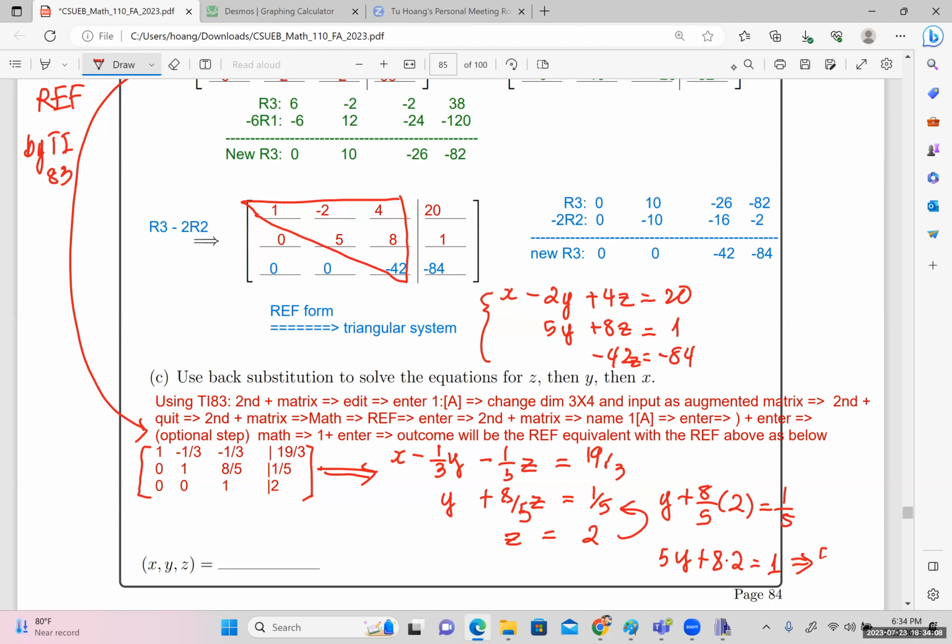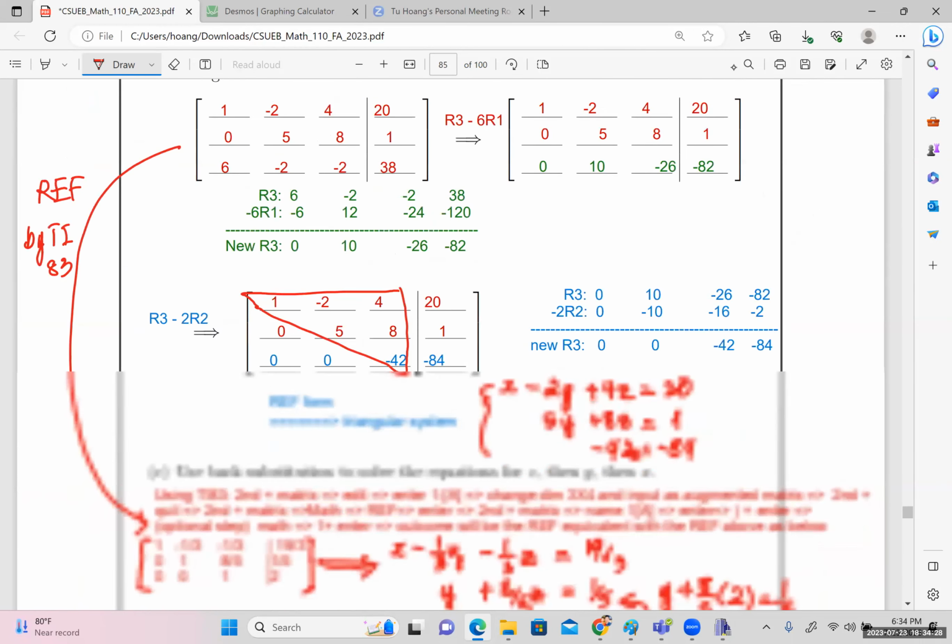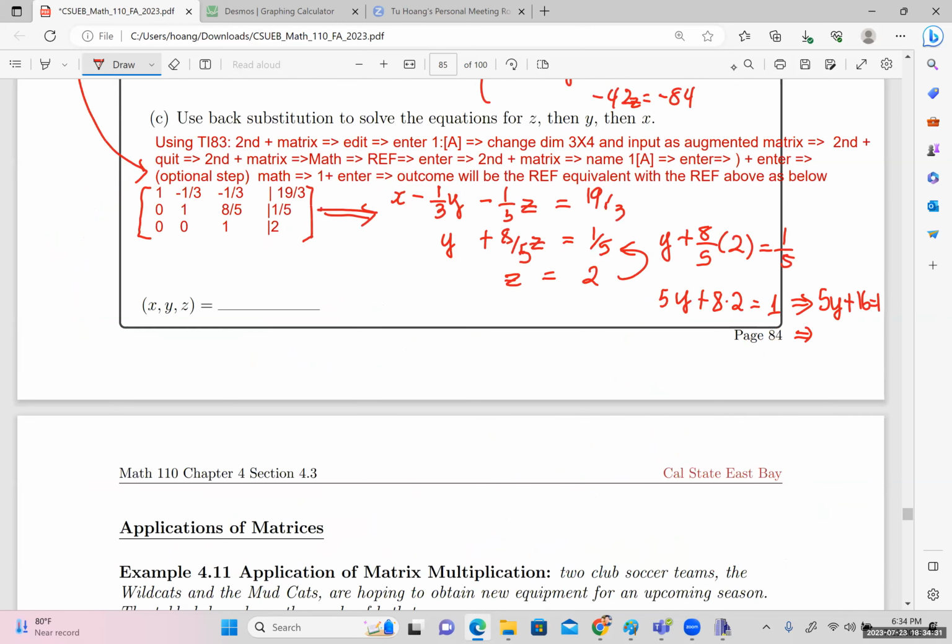So that's giving you 5y plus 16 equal to 1. And that gives us 5y equal to negative 15. So you can say y equal to negative 3 if you divide by 5 both sides.